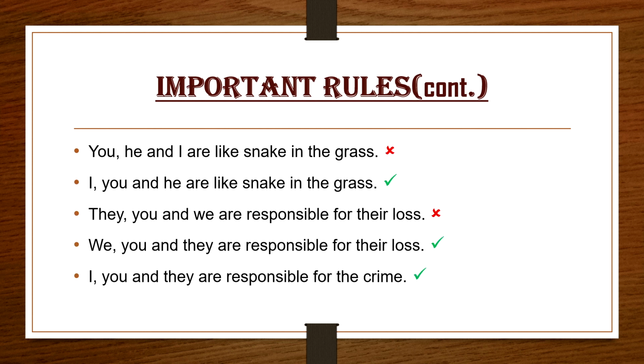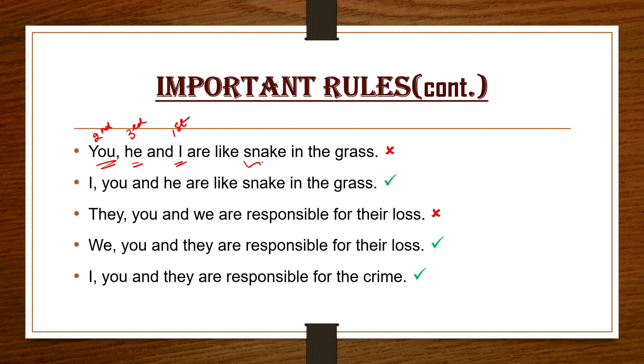Now, moving on, let us discuss some examples. Now, you, he and I are like snake in the grass. So, you is your second person, he is your third person and I is your first person, right? And as you can see, this sentence is having a negative thought.